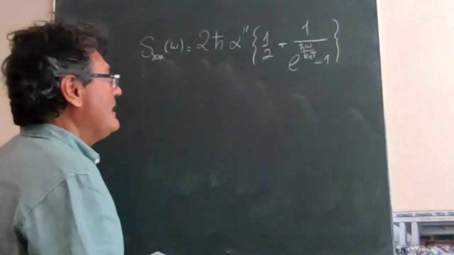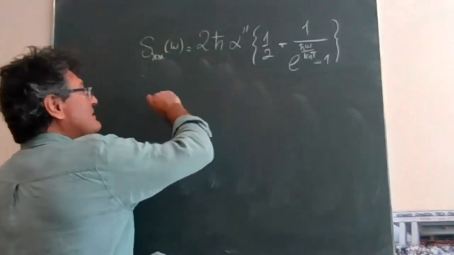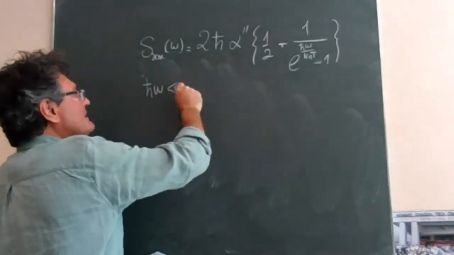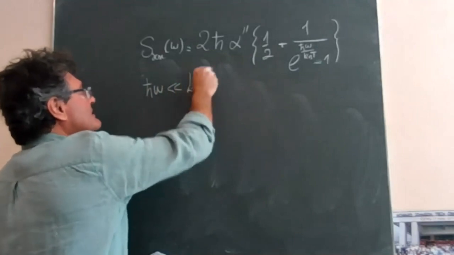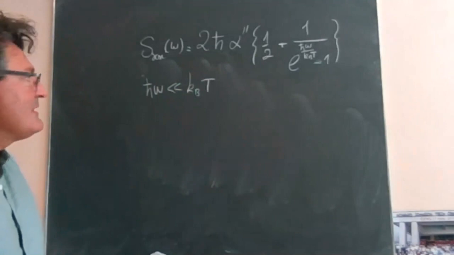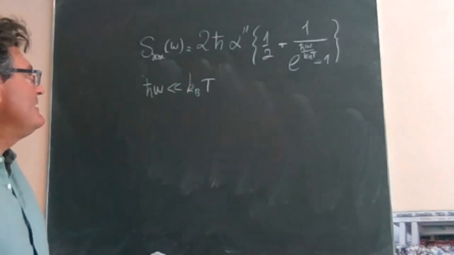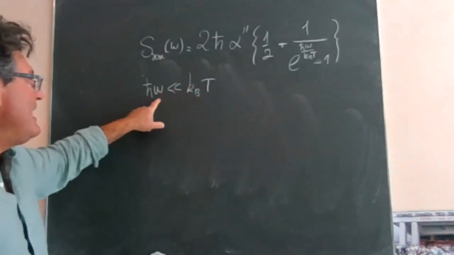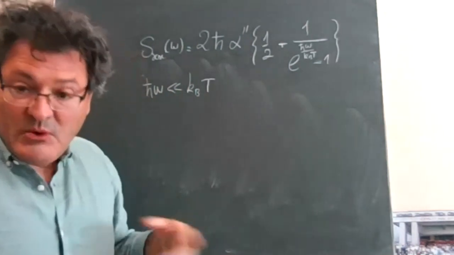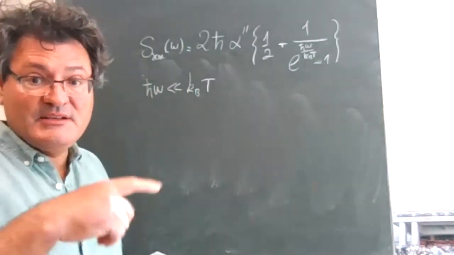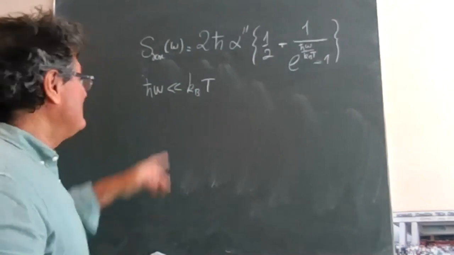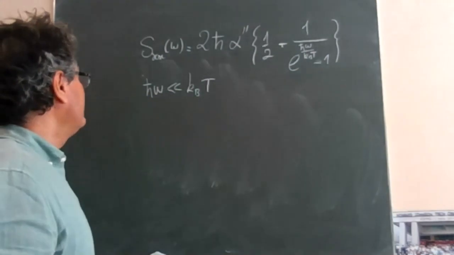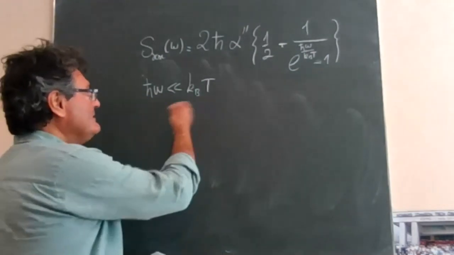When we are in classical physics, well, when h bar omega is much less than k_B T, in this case the average thermal energy is much higher than the quantum energy associated with the harmonic oscillator at frequency omega. Okay.